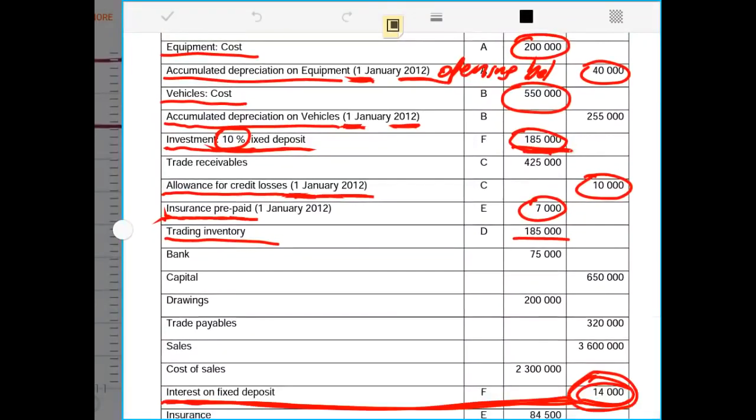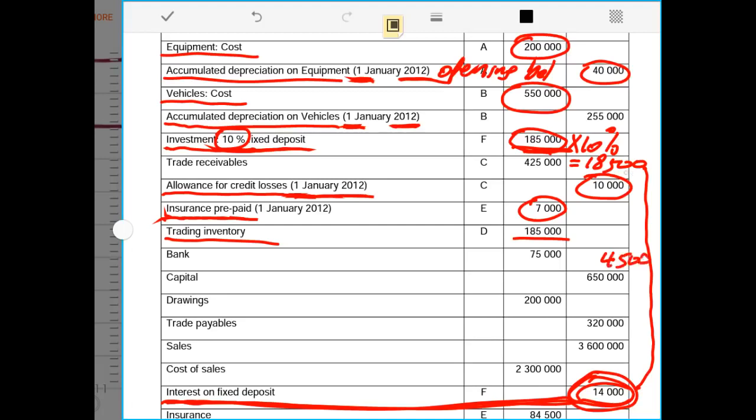However, if we say 185,000 rands times 10%, we get 18,500, and 18,500 is the interest that was supposed to be received, but we only received 14,000 rands. It means there is a difference between the two, and the difference will be an amount of 4,500.